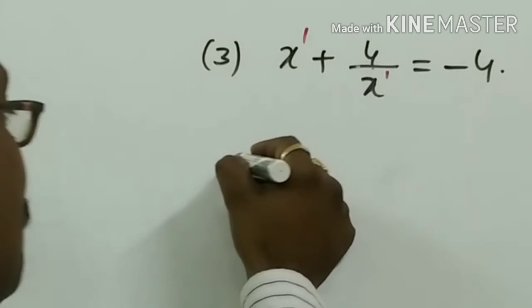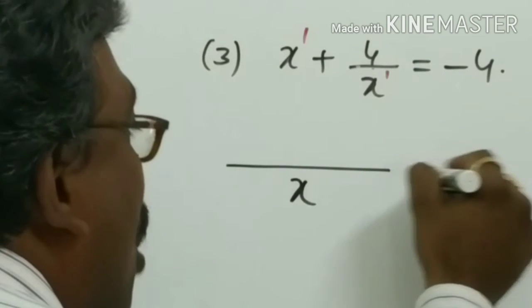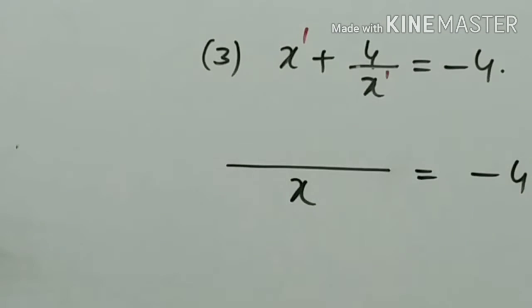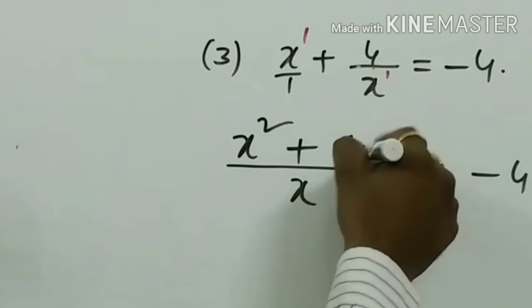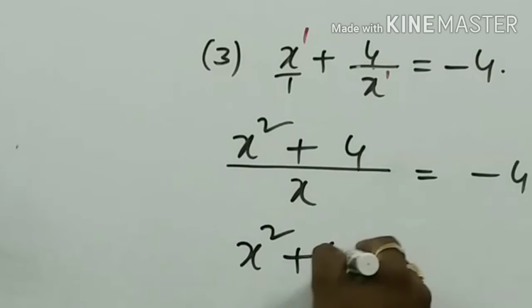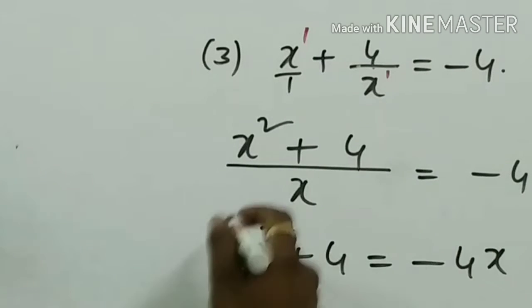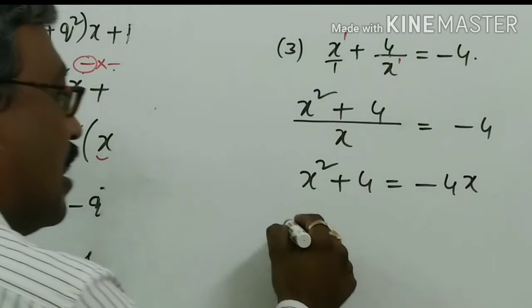You should decide whether it is a quadratic equation or not only after simplification, not by looking at the equation directly. Come on, take the LCM. x into x, x square, 1 4s are 4. Then x square plus 4 equal to, the denominator goes to that side, multiplication.